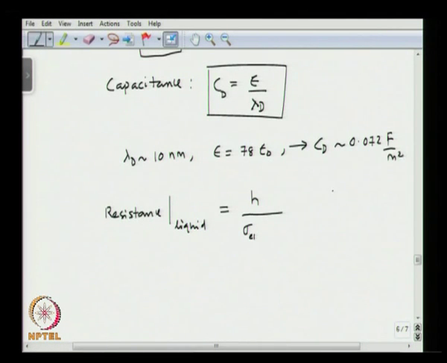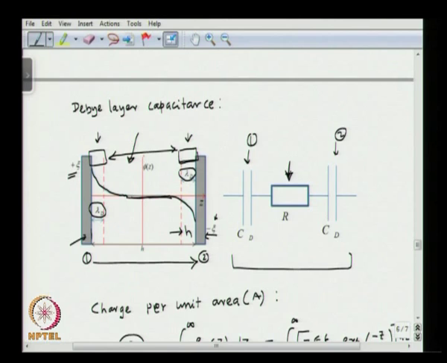So resistance is rho L over A, right, this is resistivity into length divided by the area of cross section. So 1 over sigma, which is the resistivity, into H divided by area. So this is the resistance of the liquid, okay.